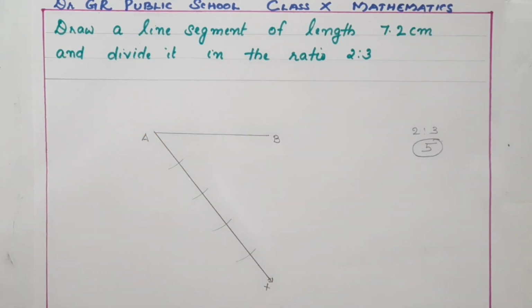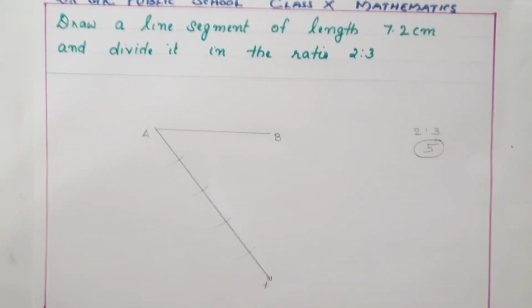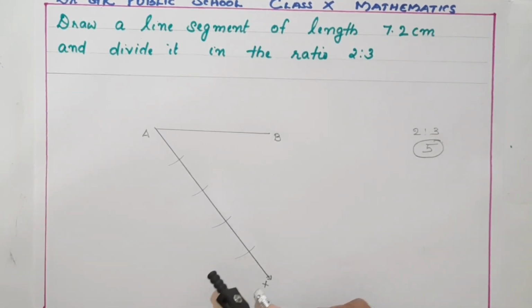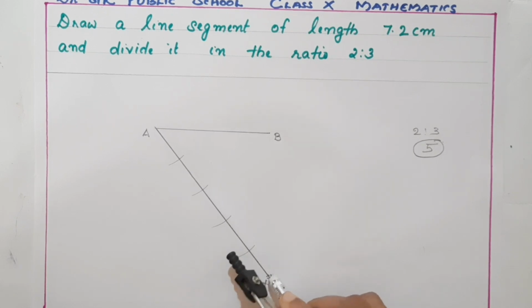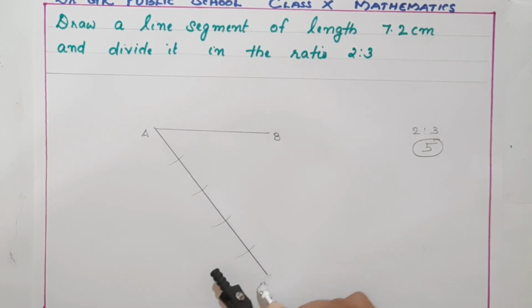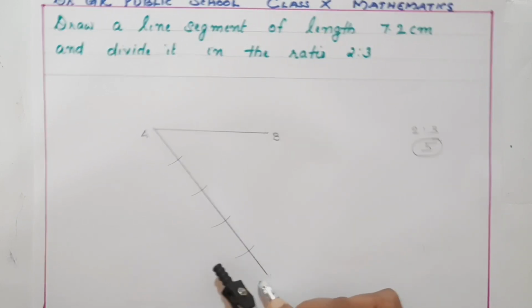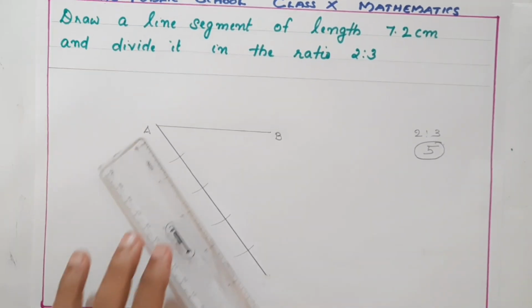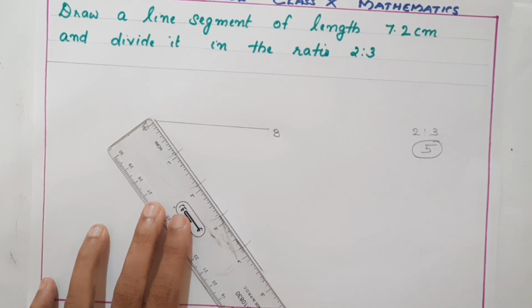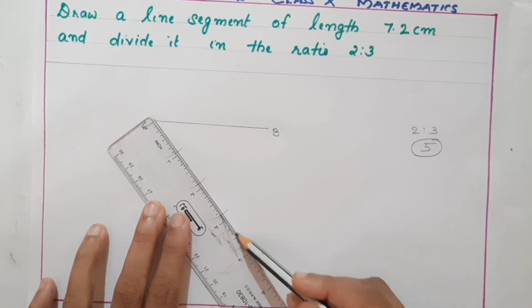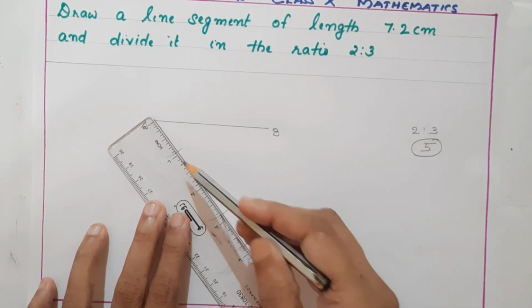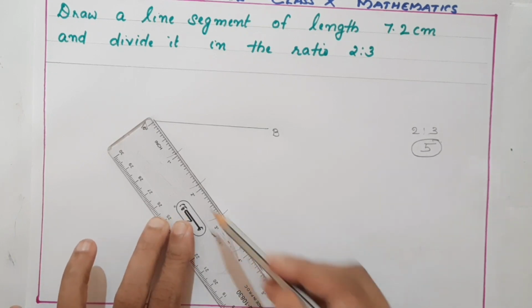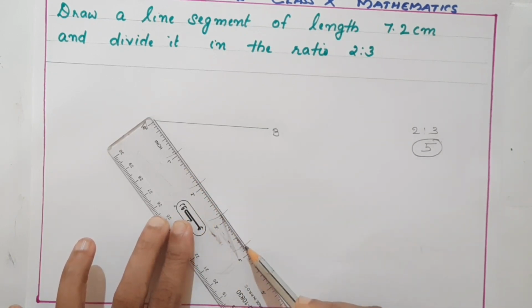No. So what you have to do? We have to extend the line. So to get the fifth point, we have to extend this line some more. Okay. So if you are extending this line, you have to fix the scale properly.